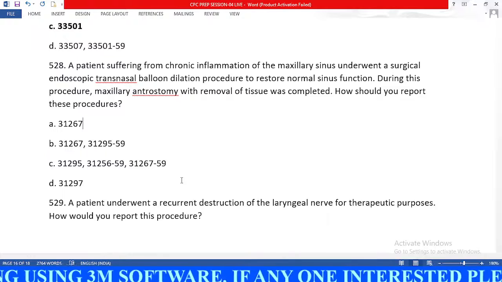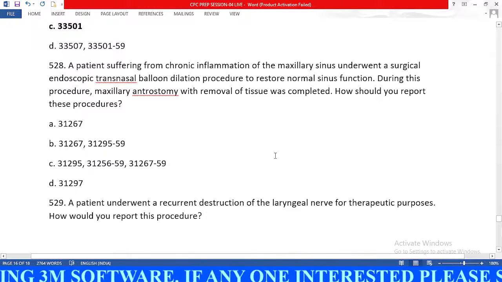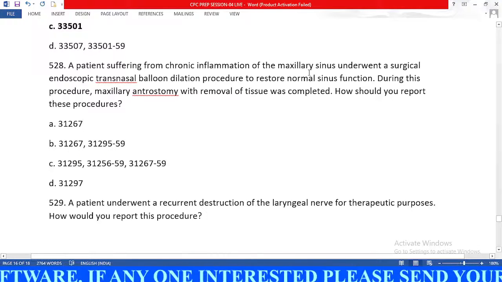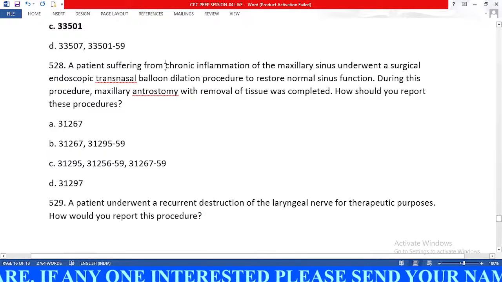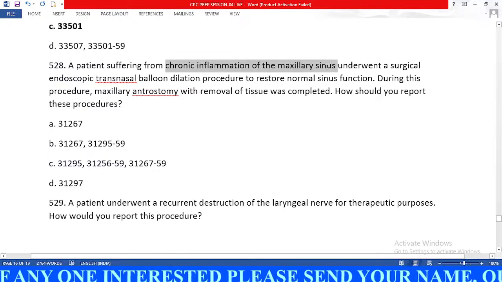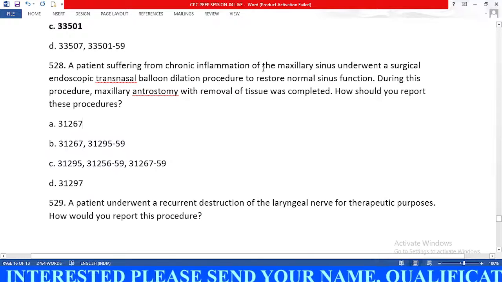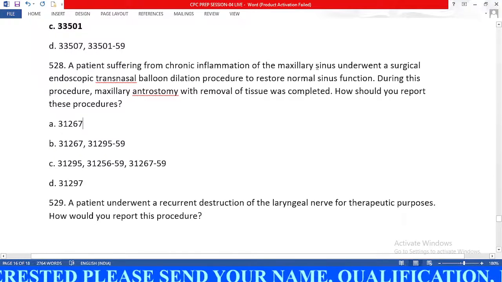Guys, we will check this answer. What are the keywords here? Chronic inflammation of the maxillary sinus. In medical words, we can call it maxillary sinusitis. Itis means inflammation, and here it is inflammation of the maxillary sinus.